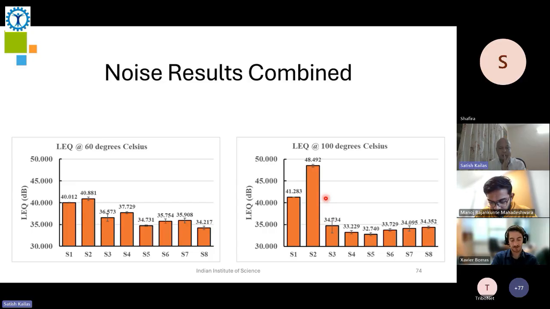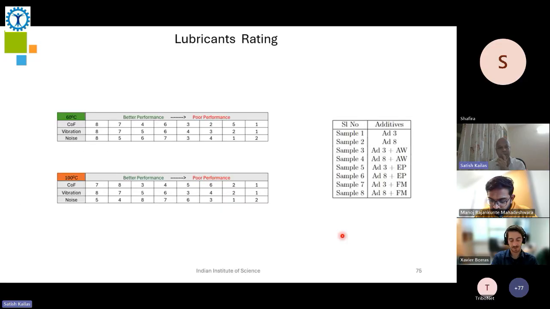So the noise results give you a very good understanding of what is happening in these oils. So what we did was we graded these oils. We can see that sample 8 is the best oil, so we put it as 1, and this is the worst, so we put it as 8.